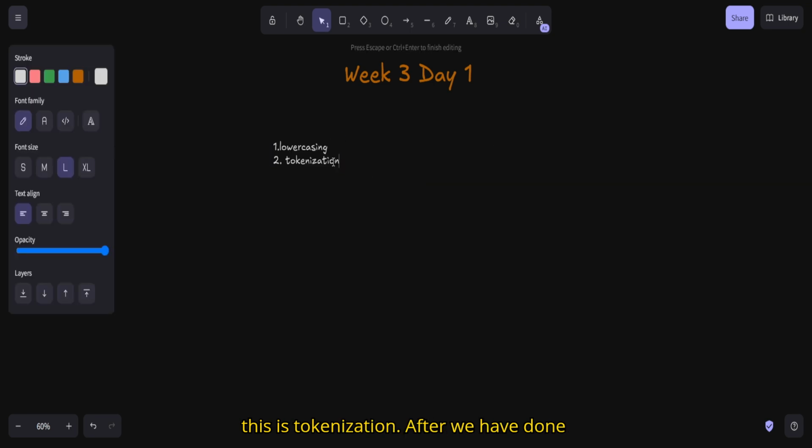This is tokenization. After tokenization, we do something called stop word removal. Let's say I have a good dog. The words like have and a don't have that much significance in this sentence.